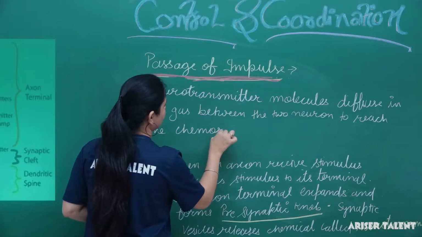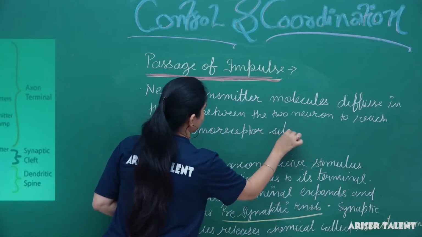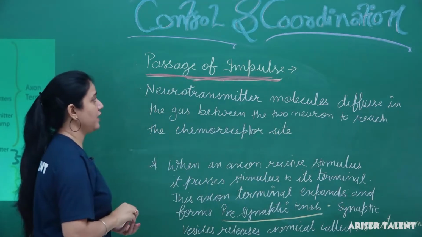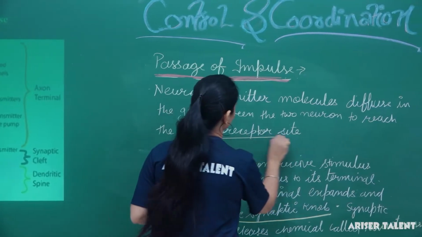The chemoreceptor site. Thus we can say that the impulse is passed to the other neuron.